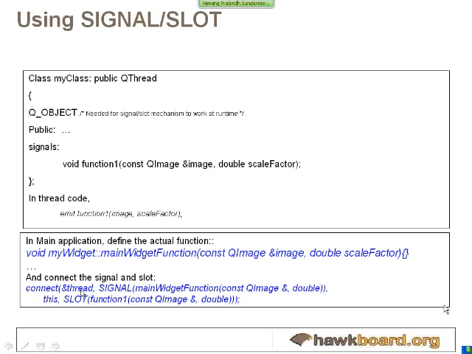The first two parameters refer to the signal and the corresponding class, and the next two parameters talk about the slot. The third parameter talks about the class which contains the definition of the slot, and the next one is the function that implements the slot. So there are four parameters: the first two talk about the signal itself, and the second two talk about the slot. When you do a connect, the corresponding slot function will be called.